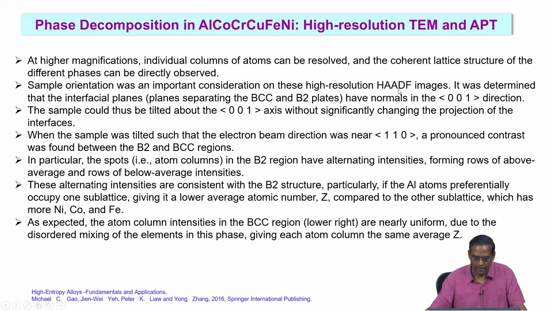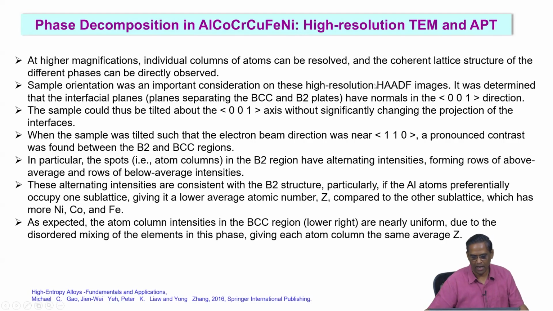When you say high angle annular dark field image, it is something similar to what you do in SEM. You are trying to collect the scattered intensity with a detector. Like you have a BSE detector, secondary electron detector. Here also you have a detector. It will collect all the scattered intensities.